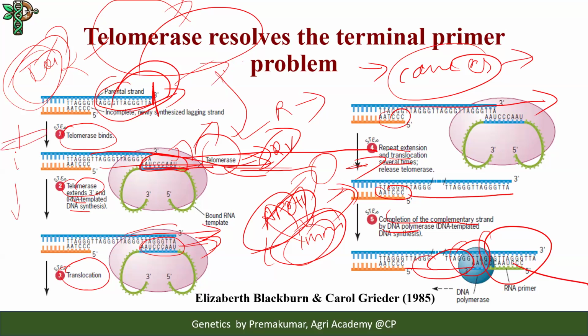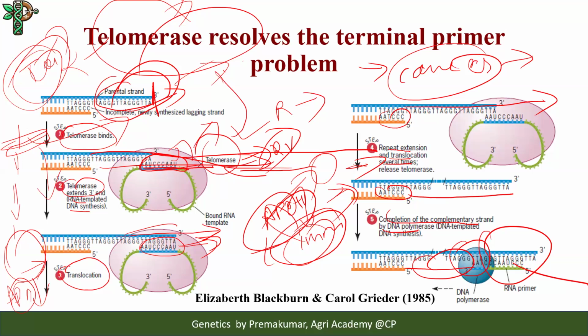The DNA strands become shorter and shorter and shorter. Finally, the information will be lost and the cell will die through apoptosis. But if this problem is solved, the cell becomes immortal. Then it will become a cancerous cell. That's why it is very important in cancer biology.